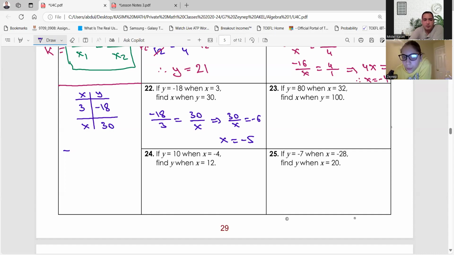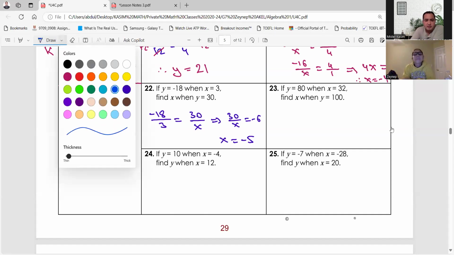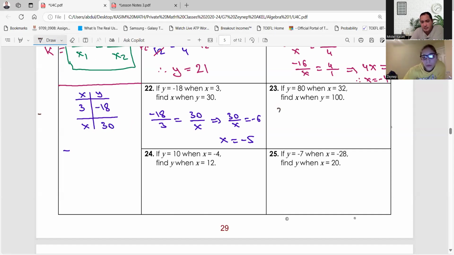Yeah, you can just write y over x, right? So y is 80 and x equals 32. We have to find x when y is equal to 100, right? Can you solve this for x?